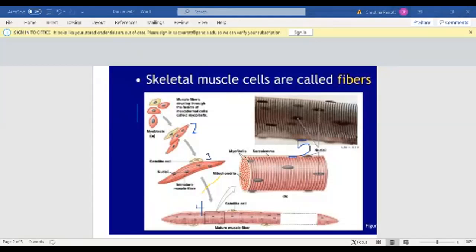So every time a cell merges, not only does it grow in length, but that muscle fiber also adds nuclei because it's adding another nucleus from another myoblast. So then you go down to picture number 4, and you just have tons of myoblasts that have merged together to form one long, mature muscle fiber or muscle cell.